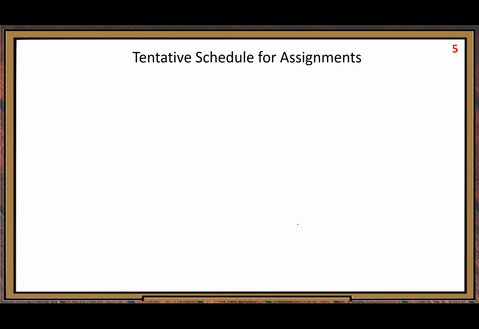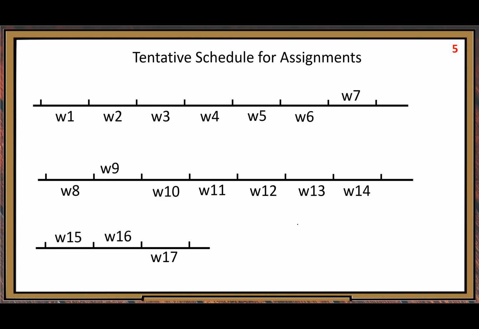Let's go week by week through this timeline. We will have 17 weeks for the whole semester, including spring break and the final week. Week 17 is the final week.